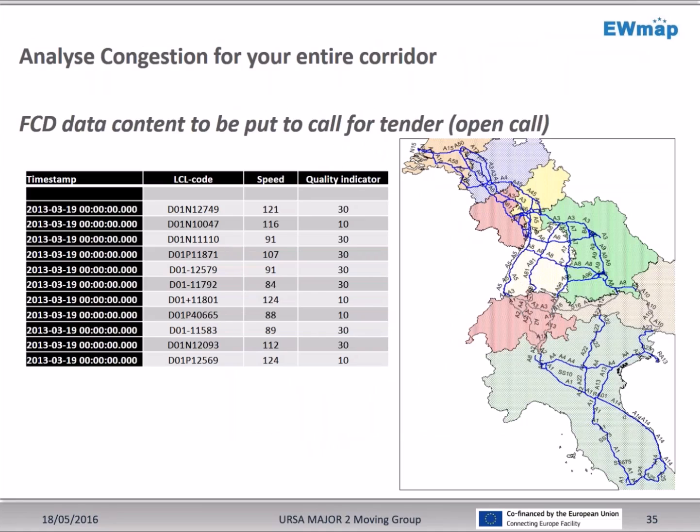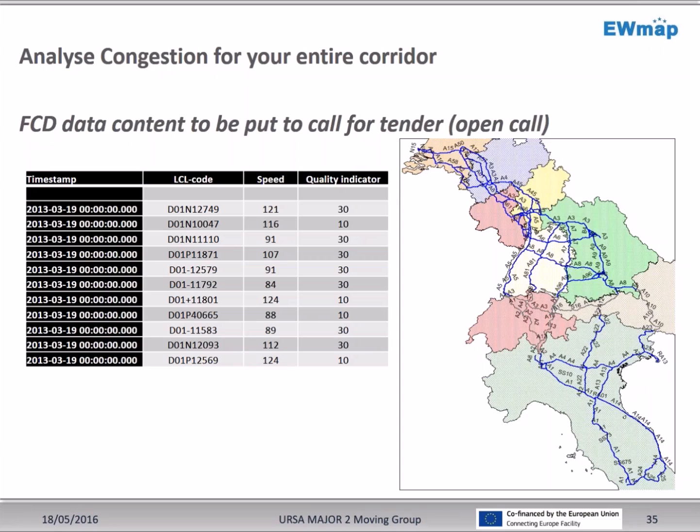This is something that we have addressed in Ursa Major with our partners. We took the network from the EasyWayMap that we have constructed there, like the network again for Ursa Major, which also describes the names of the motorways, and then we put that to a call for tender to floating car data companies in order to receive the data, for instance for 2015, and all congestion and speed data they have.